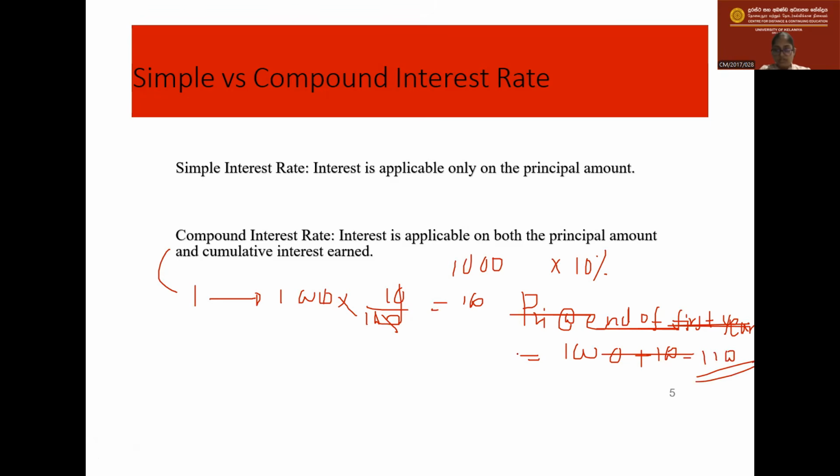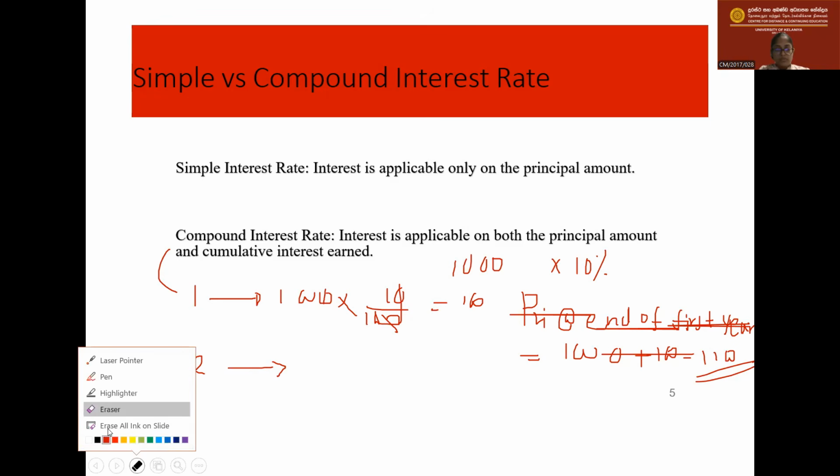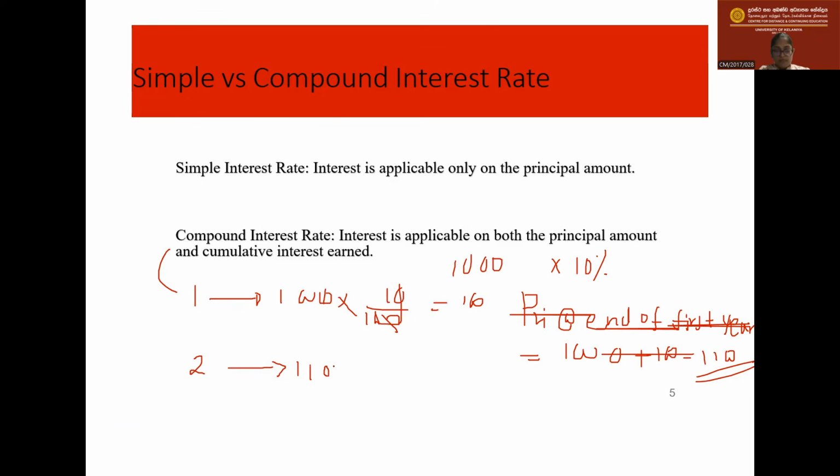No, this is not the interest. 100 is the relevant interest for the first year. In the second year, is it 100? No, no. What is the relevant interest? Principal amount plus the interest earned. This is the total principal amount, right? The relevant interest rate is 10%, so 110. This is the relevant interest in the second year.